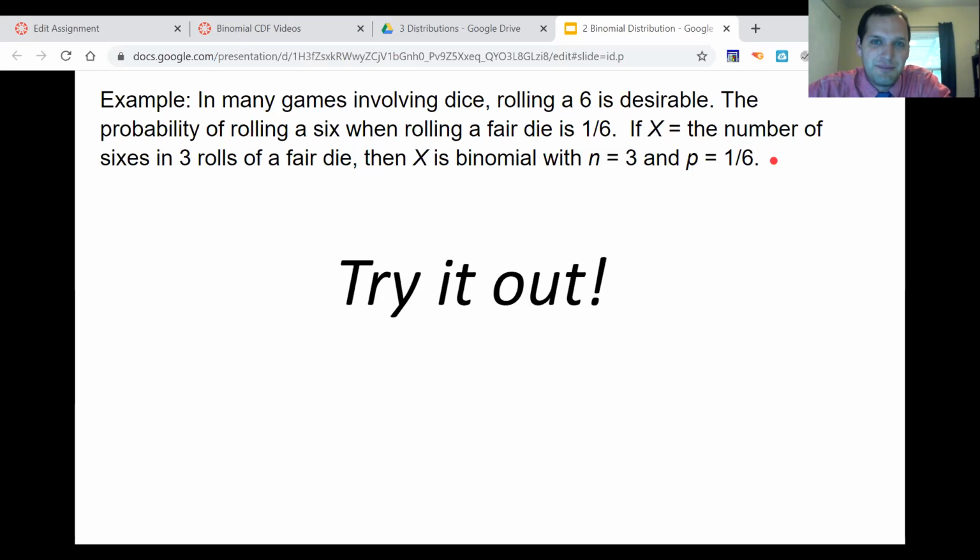N, is there a set number of rolls? Yes, there are 3 rolls, so it does have a set number. Then finally, S, is each roll going to have the same probability of success, the same probability of getting a 6? Yeah, it's a dice. So in this case, would this be a binomial distribution? It would.